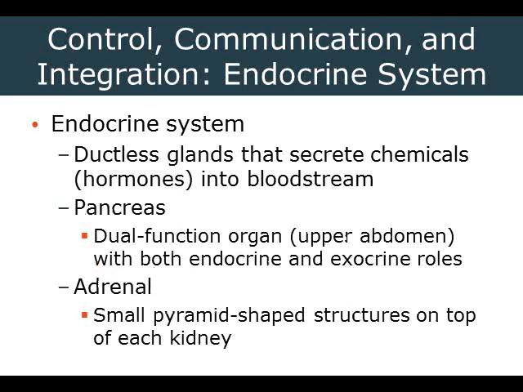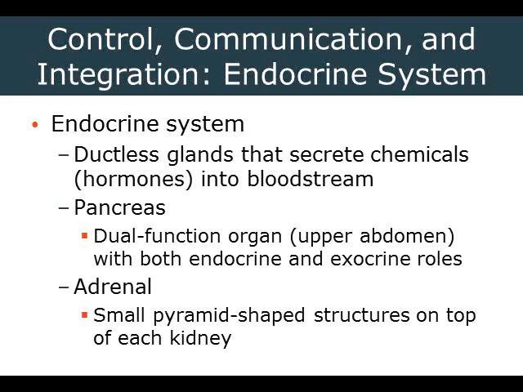Some of our other hormones and other areas, we talk about the pancreas. The pancreas actually has endocrine and exocrine roles. It secretes things such as insulin and glucagon as endocrine hormones, and it also secretes certain juices directly into our digestive tract that help dissolve sugars and are responsible for a lot of carbohydrate maintenance. So it does two things.